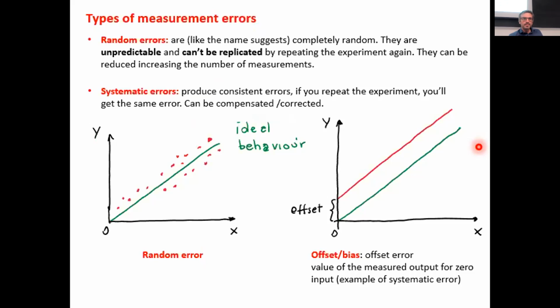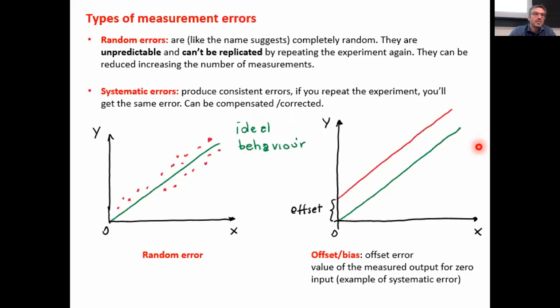Then we can see what the types of measurement errors are. There are random errors, that, as the name suggests, are completely random. They are unpredictable, and cannot be replicated by repeating the same experiments again. They are strictly related to the level of uncertainty.